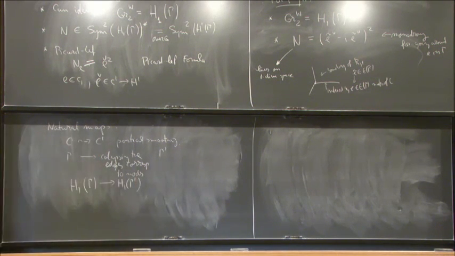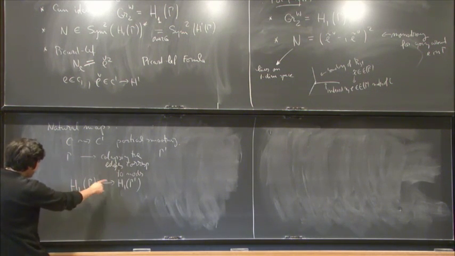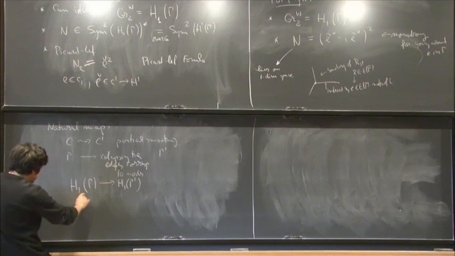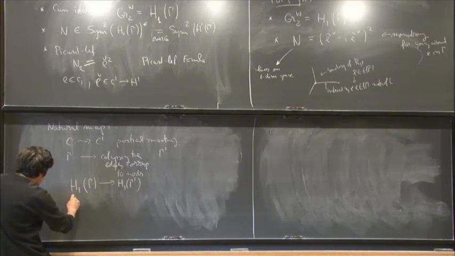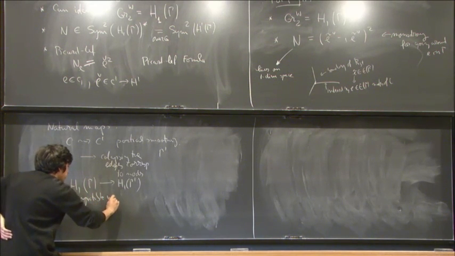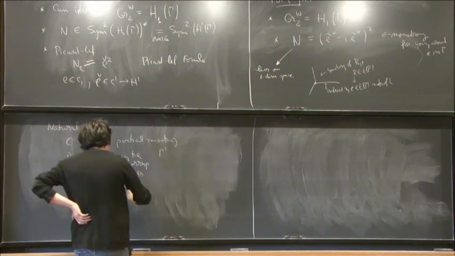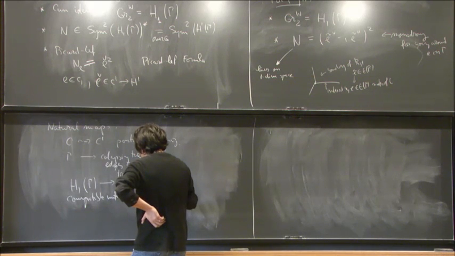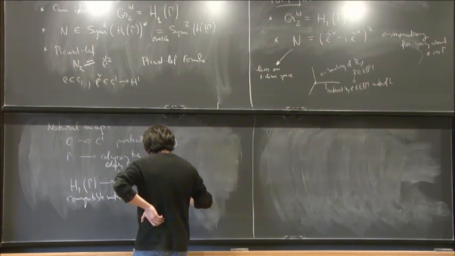Let me check my notes. Which are compatible. Okay, let's pretend that this is the case, if not the other way around. But I think this is the correct thing, which are compatible with the identification with GR2.